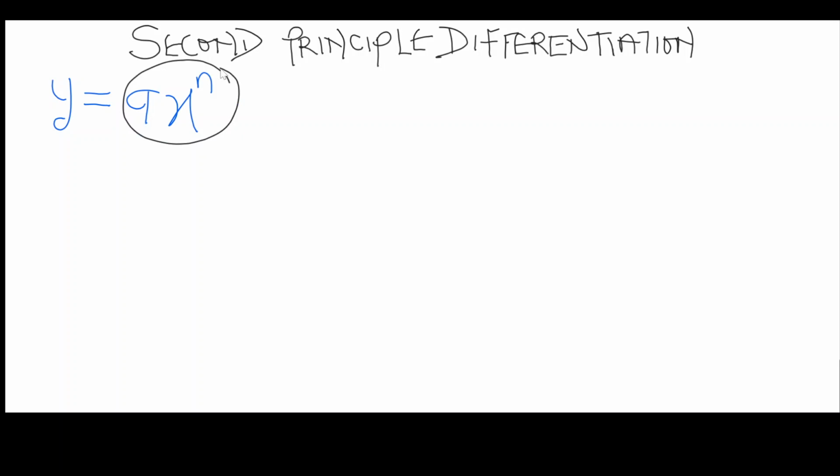Using second principle is a shortcut procedure instead of using first principle. Over time, this is what we are going to be using.